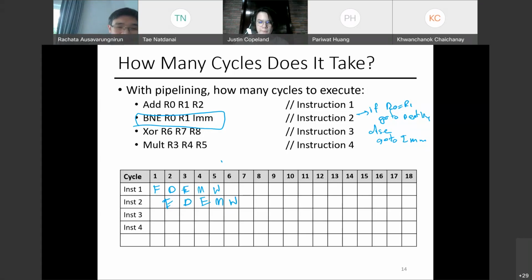So with data forwarding, I can fetch here, decode, execute, memory, and write back. The thing is, do you know it's a branch by the time you fetch in cycle number 3? Not exactly, right? So you fetch first. And if you fetch wrong, you fetch again.